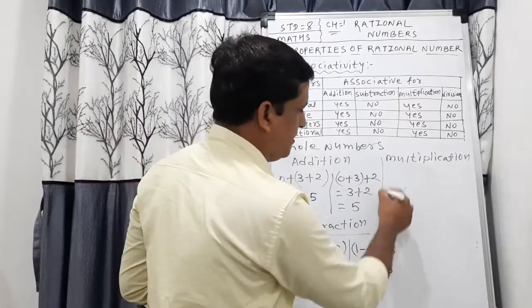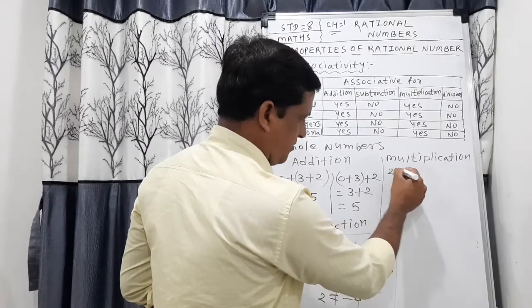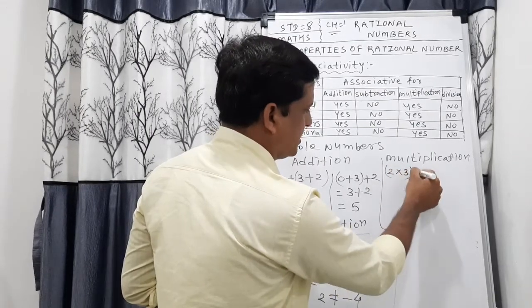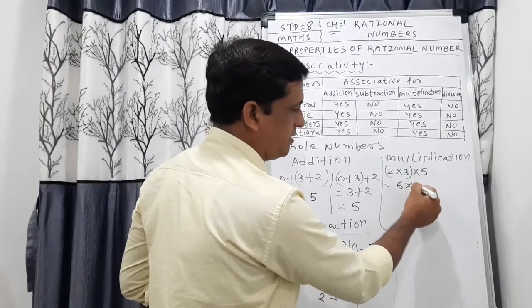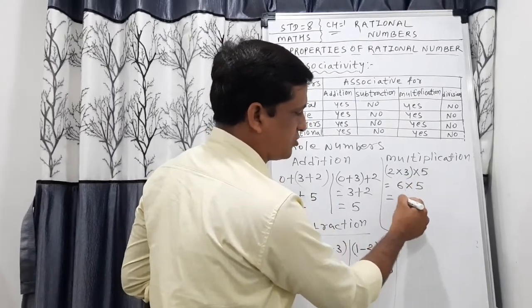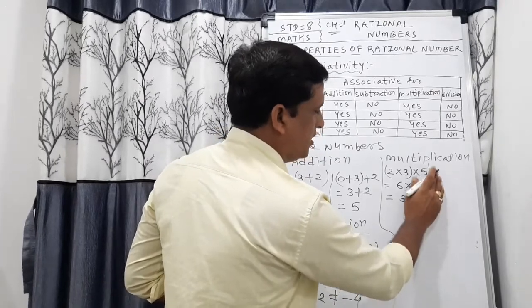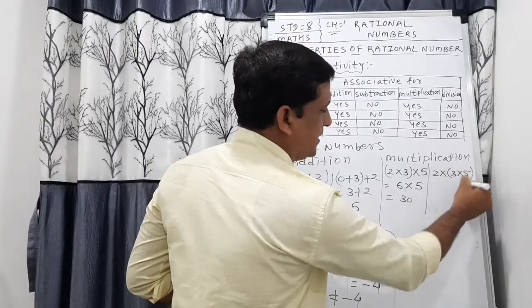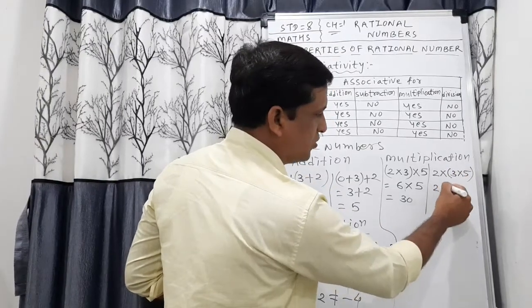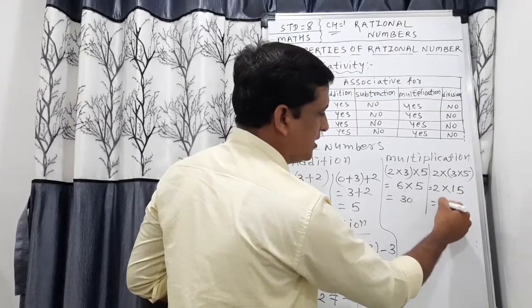Now for multiplication, I am taking the product of 2 and 3, and 5 remains as it is. That means 2 3s are 6, multiplied with 5, that is equal to 30. Now I am taking a group where 2 remains as it is and 3 is multiplied with 5. So 2 into 3 5s are 15, and that is equal to 30.